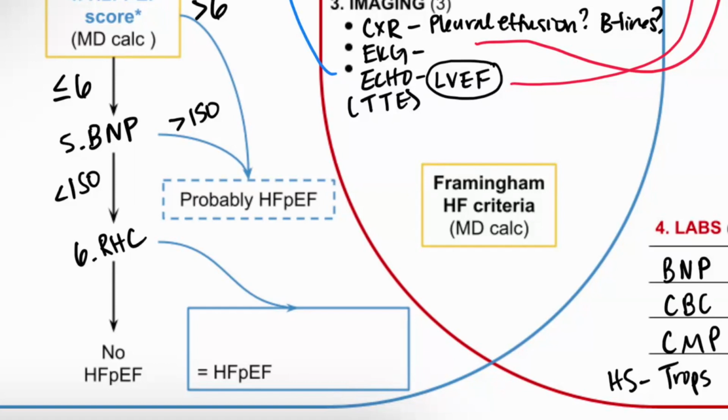And on this, we're looking at the pulmonary capillary wedge pressure. So the way to diagnose definitively that the patient has HFpEF is to have a pulmonary capillary wedge pressure of greater than 15 at rest or greater than 25 with exercise.